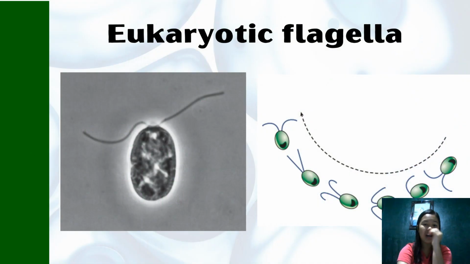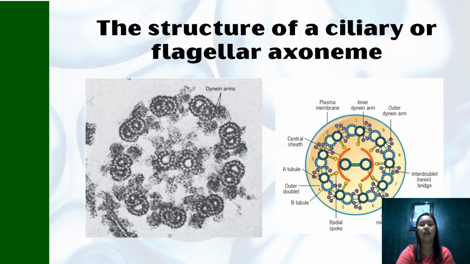So, ito ay image ng eukaryotic flagella in the unicellular alga Chlamydomonas, Ray and Hardy. Yung una ay algae with 2 flagella visible, stained with a fluorescent antibody targeting a major flagellar membrane protein. Sunod naman ang structure of a ciliary or flagellar axoneme.